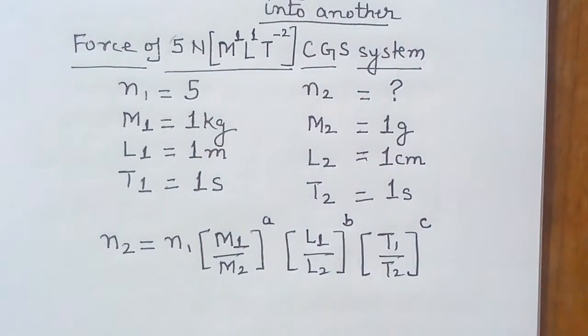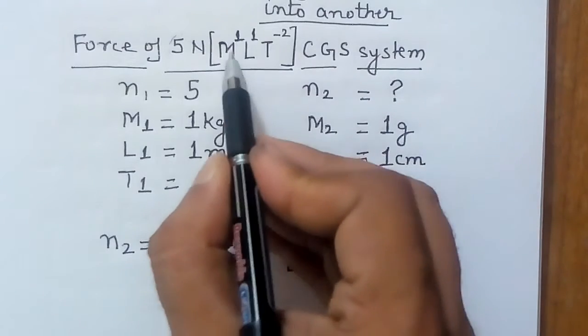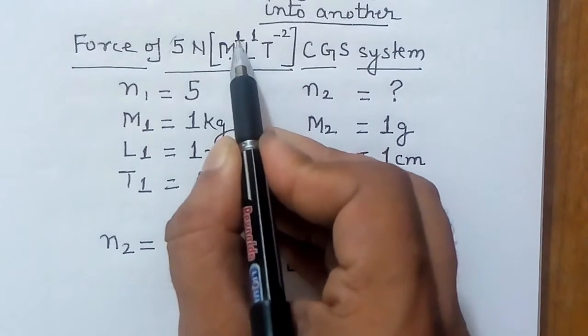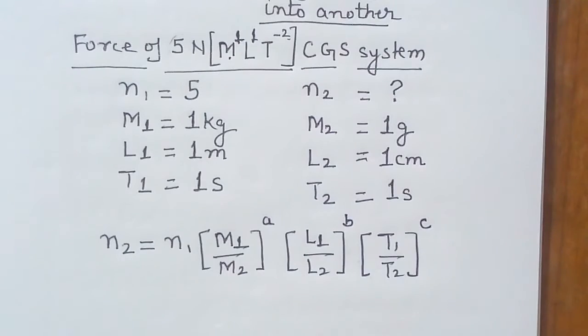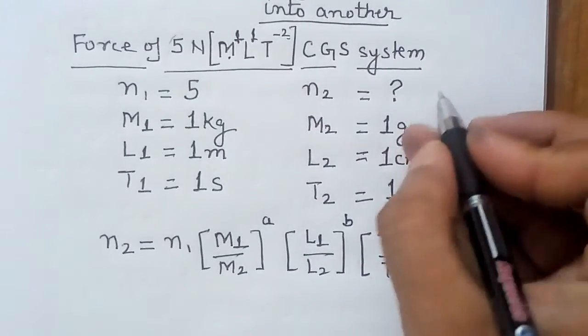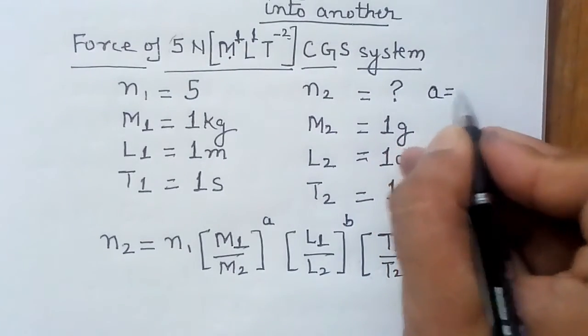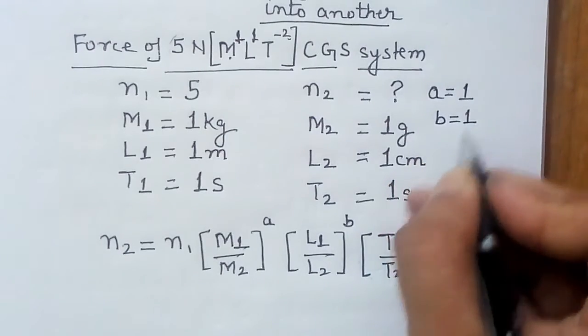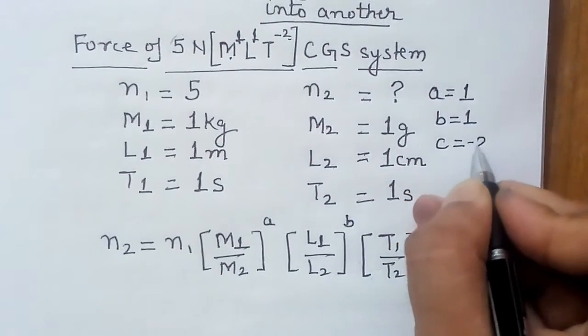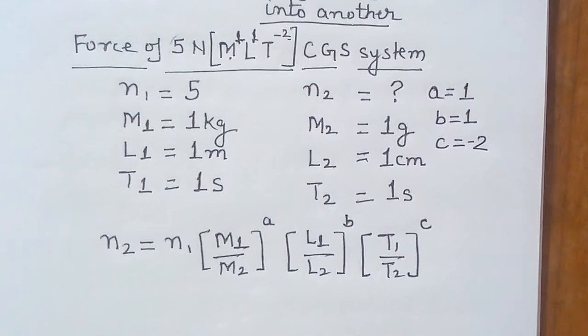So from here, this is the value of A, this is the value of B, and this is the value of C. So A is equal to 1, B is equal to 1 and C is equal to minus 2. That we will get with the help of the dimensions of the physical quantity.